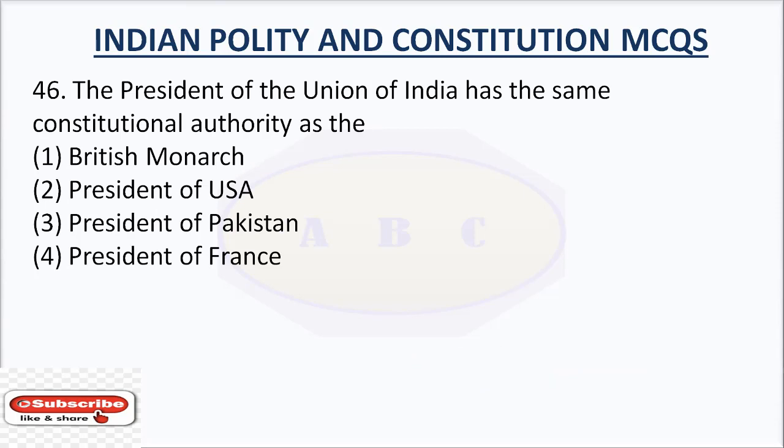Question number 46. The President of the Union of India has the same constitutional authority as the: option number 1, British monarch; option number 2, U.S.A. President; option number 3, President of Pakistan; option number 4, President of France. The right answer is British monarch.